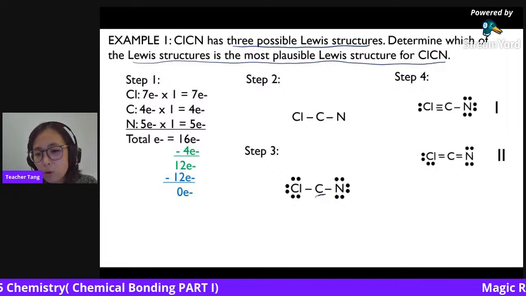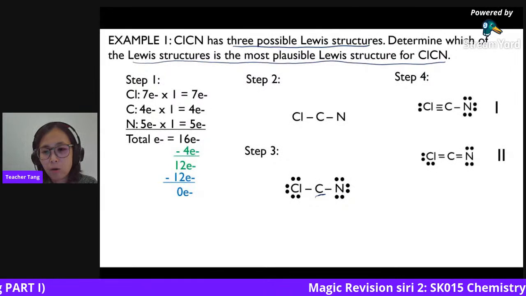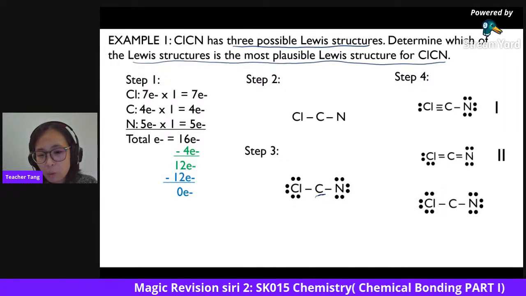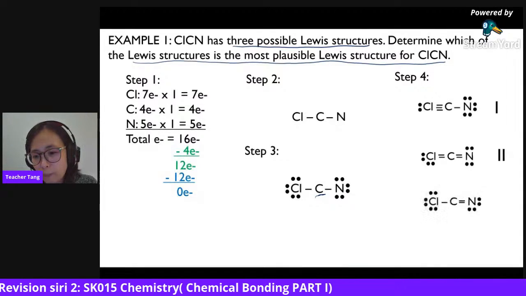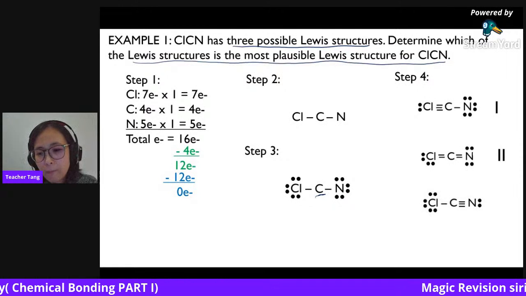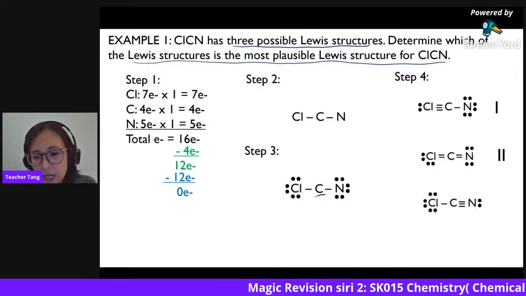Okay, so just now we looked at using the lone pair on chlorine and 1 lone pair on nitrogen. Besides this, we can also use both lone pairs from the nitrogen to make a triple bond between carbon and nitrogen. So this also makes the central atom carbon octet.